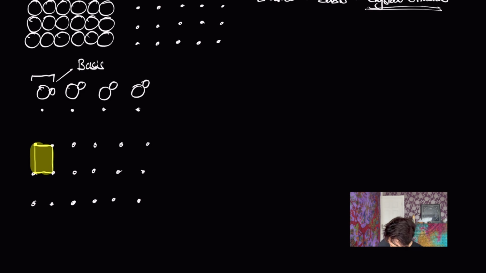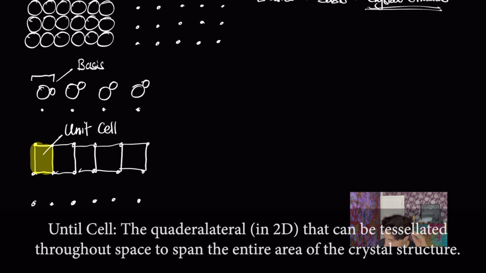And then you can see that if you repeat this cell pattern throughout the lattice structure, then you'll get an array of cells as well as your array of lattice points. So this right here is what you can call the unit cell of the crystal structure. It is the cell which you can generate by joining together the adjacent lattice points.